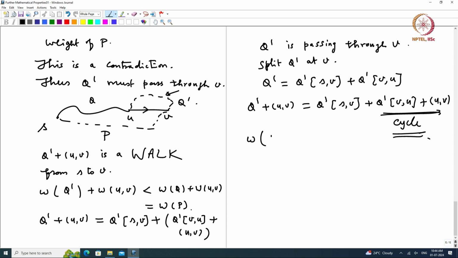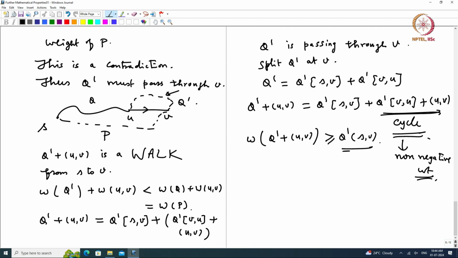Therefore, weight of q dash plus u v is greater than or equal to q dash s v, because the cycles have non-negative weight. There is no negative cycle. So, any cycle will have either a 0 weight or positive weight. You can drop that, it becomes an inequality.